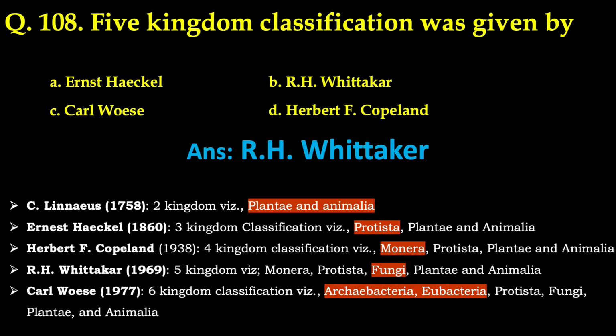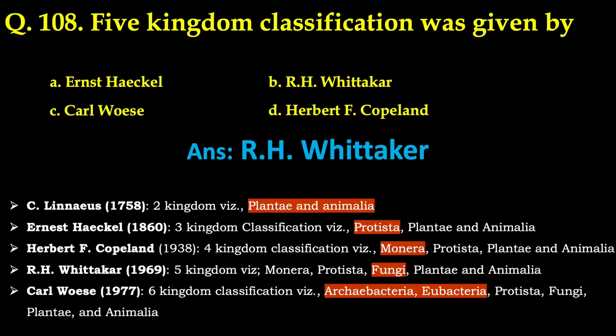As we know, Carolus Linnaeus in 1758 first gave the two kingdom classification, that is Plantae and Animalia. Then Ernst Haeckel, during 1860, proposed the three kingdom classification, namely Protista, Plantae and Animalia. And Herbert F. Copeland in 1938 proposed the four kingdom classification and added Monera to the classification proposed by Ernst Haeckel.